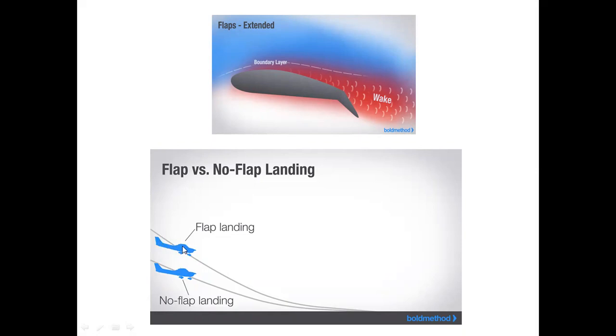So this aircraft has flap. Now, at the time of landing, it can fly slow as compared to this aircraft which has no flap. Now, landing of this aircraft will be smoother as compared to this.